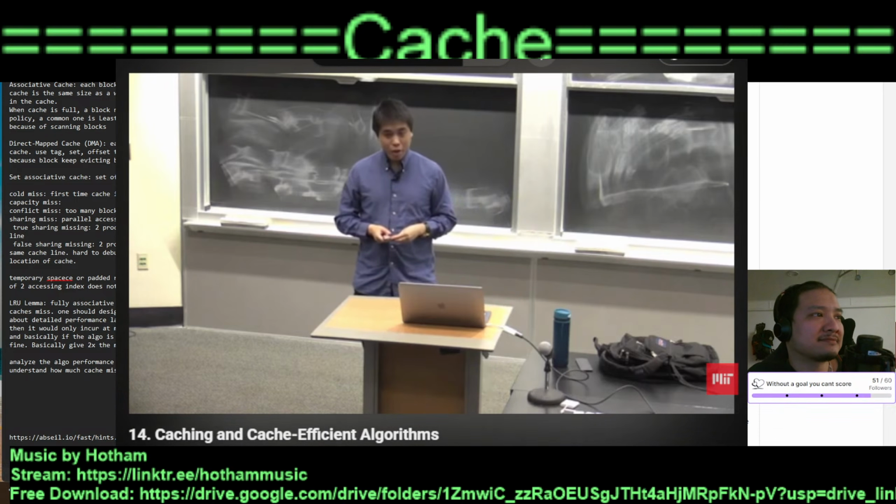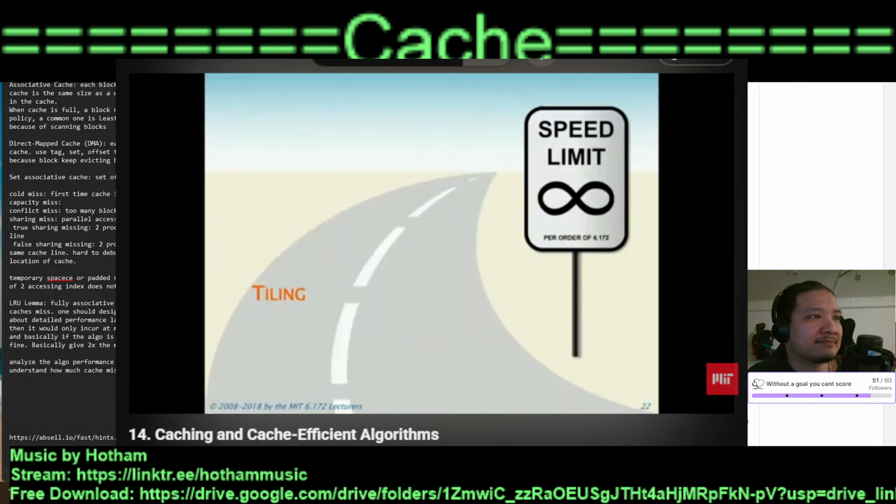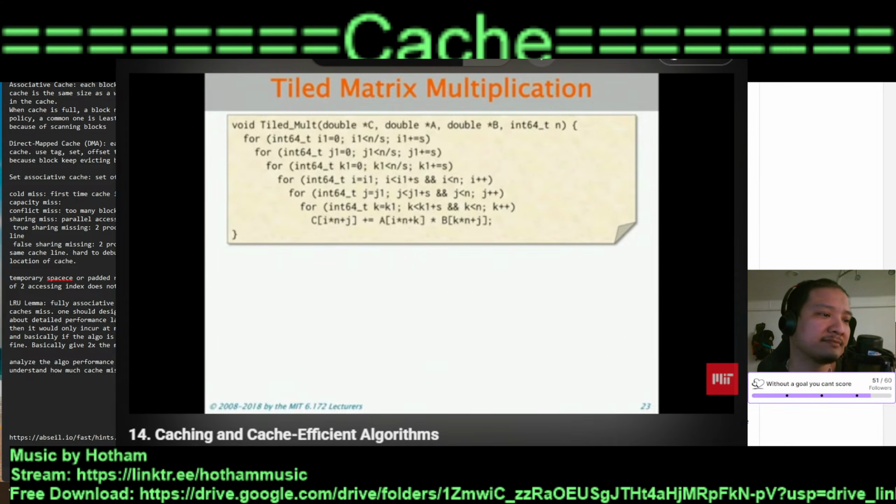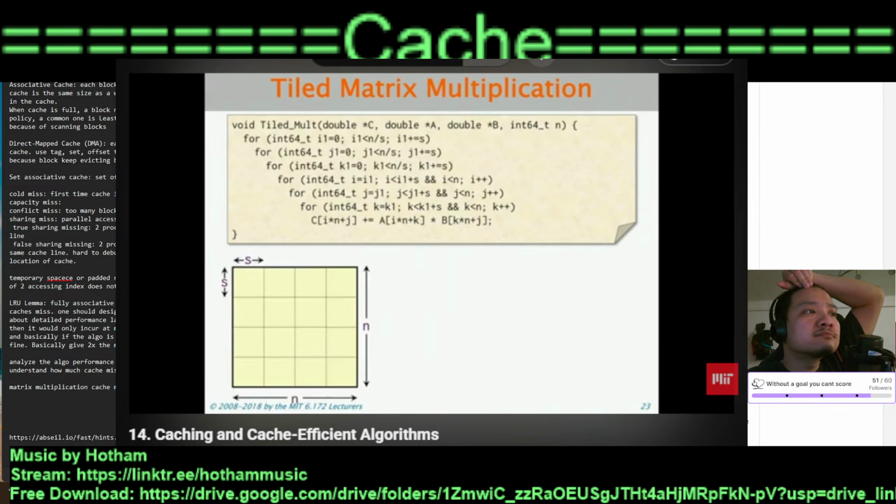And we're going to do better by using an optimization called tiling. So how this is going to work is instead of just having 3 for loops, I'm going to have 6 for loops, and I'm going to loop over tiles.